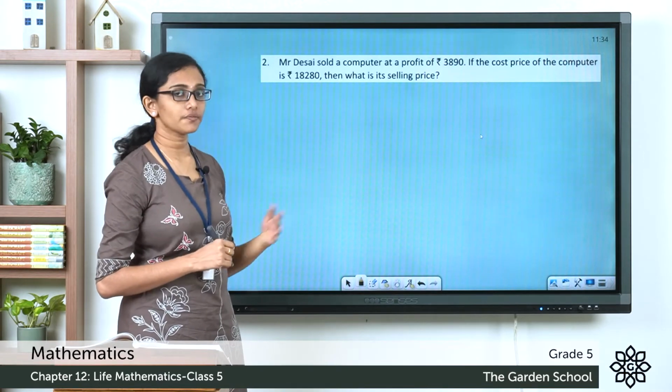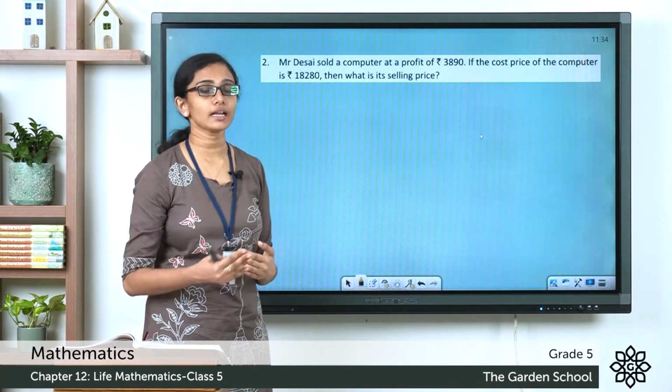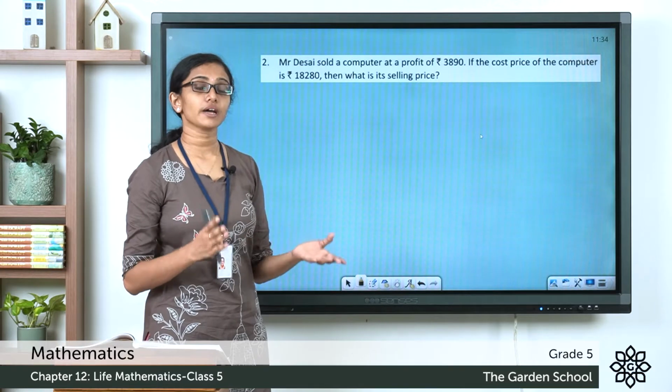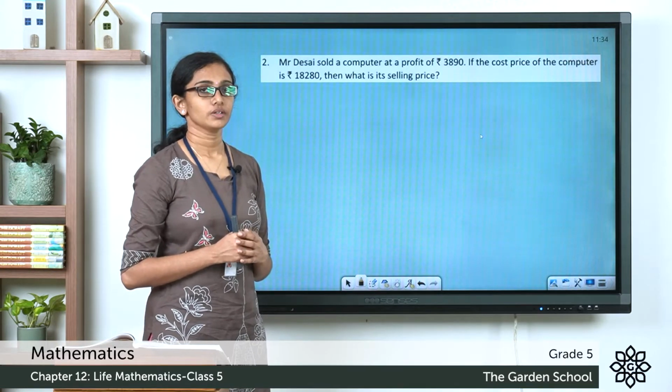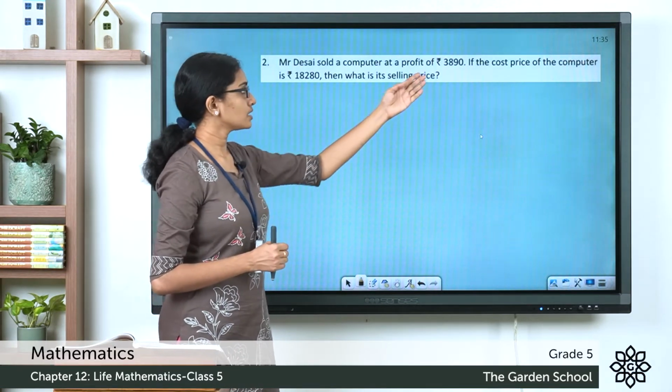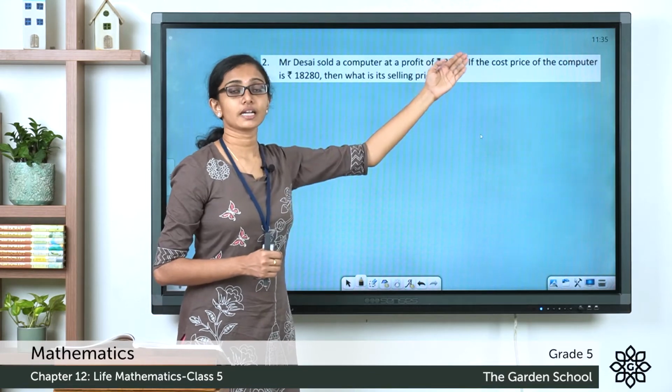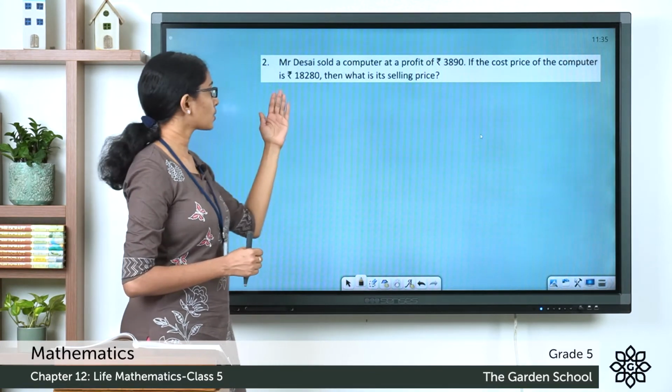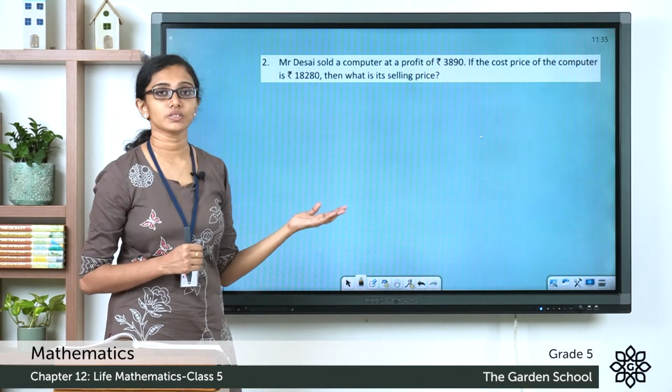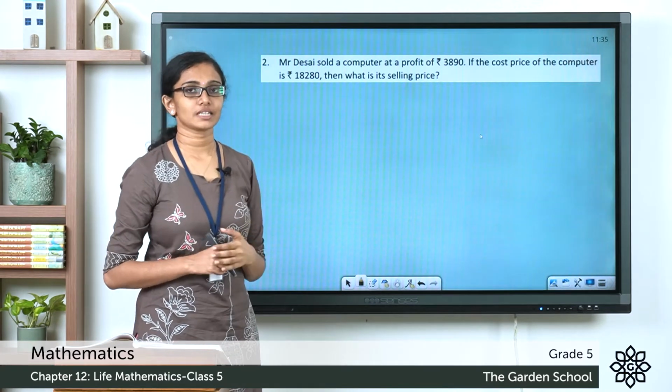So for it to be profit, the selling price should be more than the cost price. We have to find out the selling price. So the selling price will be rupees 3,890 more than the cost price, that is 18,280. So let's see the steps.